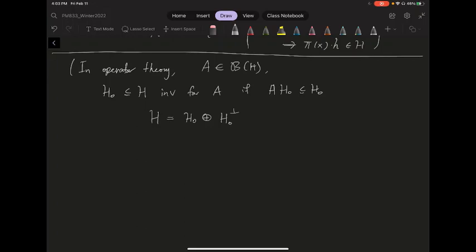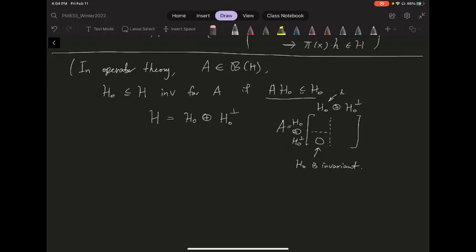So your operator A, you can think of as a 2x2 matrix mapping H0 plus H0 perp to H0 plus H0 perp. You feed in a vector h inside H0, and this matrix A maps it to Ah, which has some part in H0 and some part in H0 perp. The fact that H0 is invariant is essentially saying this part is going to be zero. So this tells us H0 is invariant.